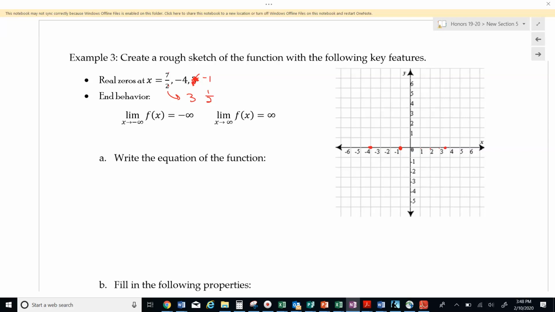So then on the left, it goes down. Just to the left of my point, I'm going to end up going down. And to the right, it goes up.